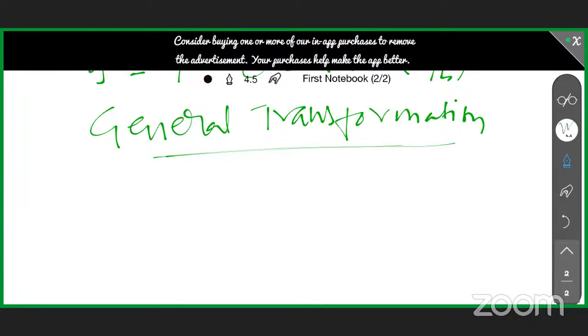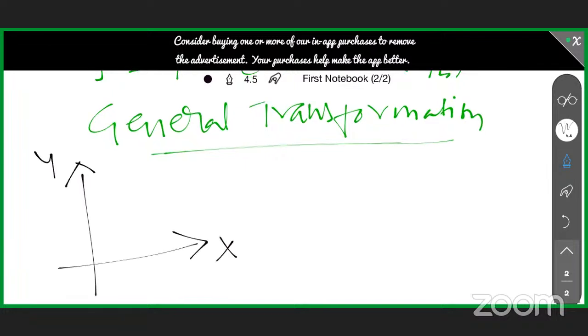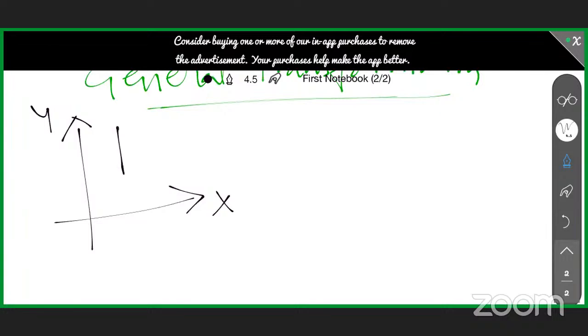General transformation is, first, we'll do translation of axis. Let us say first this is my original axis x and y. First I'll translate the axis. Let us say this is small x, small y; I'll translate this into capital X, capital Y. And after translating this axis, I will do rotation of axis.